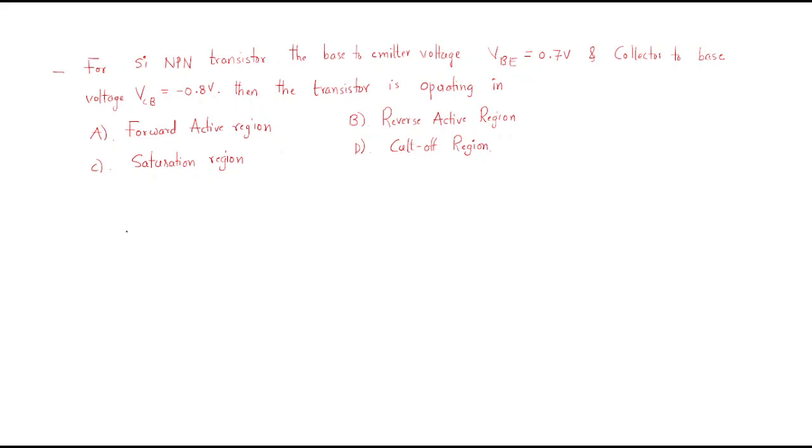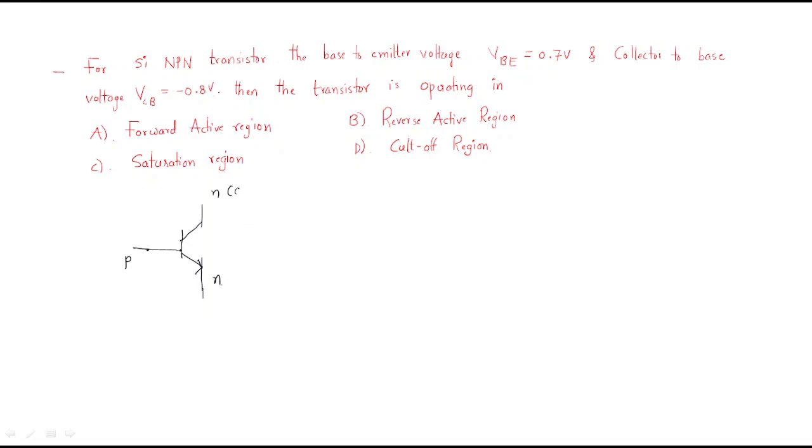First, just draw a transistor to understand this. I will take an NPN transistor, which means the collector is N, the base is P, and the emitter is N. So this is the NPN transistor.